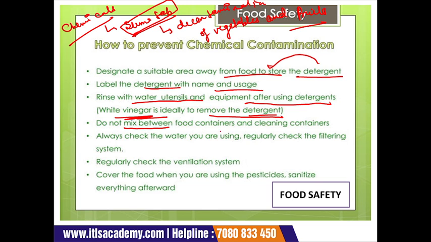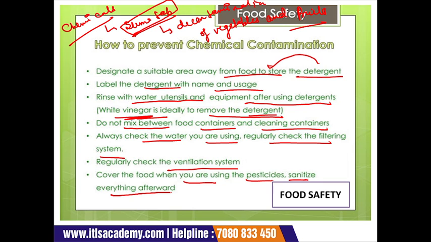Do not mix the food container and a cleaning container. Always check the water you are using. Regularly check the filtering system. We have to check the water that we are using, because if the water is contaminated, then everything will also be contaminated. Regularly check the ventilation system. Cover the food when you are using pesticides, and sanitize everything afterwards.